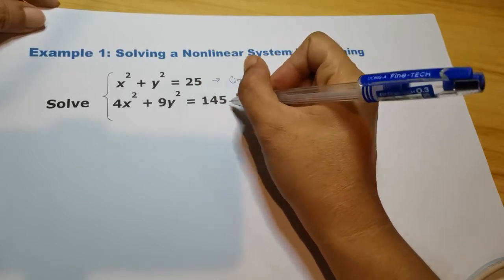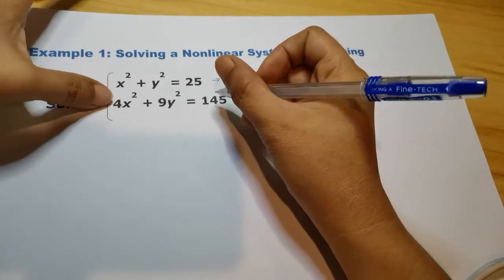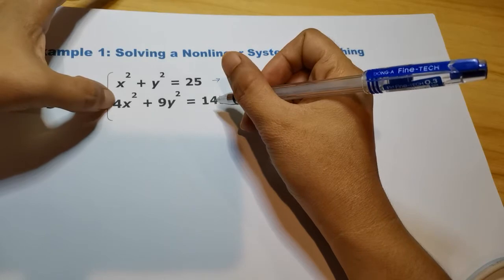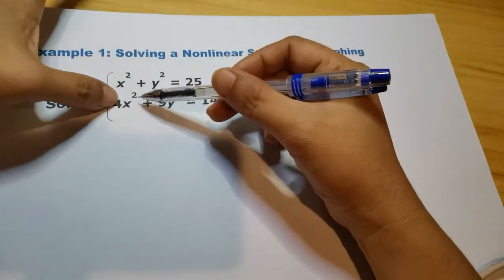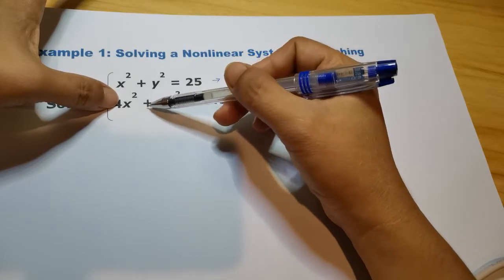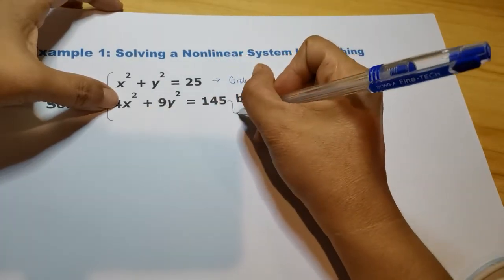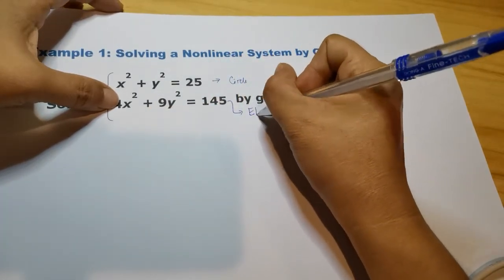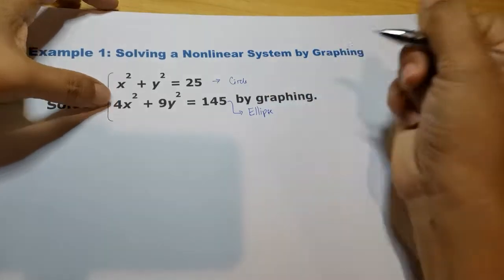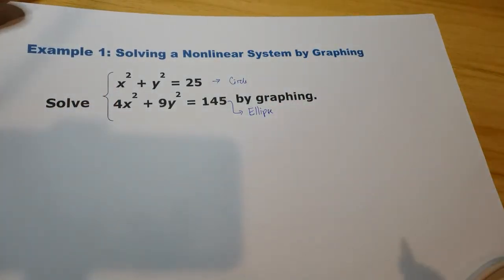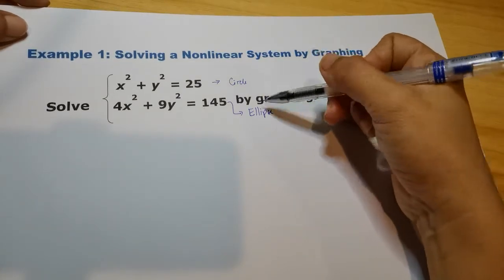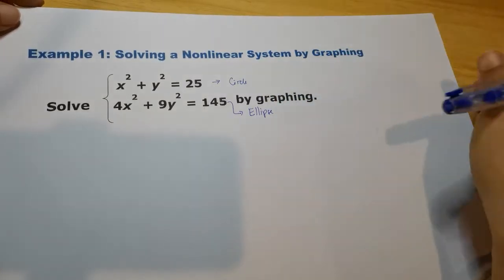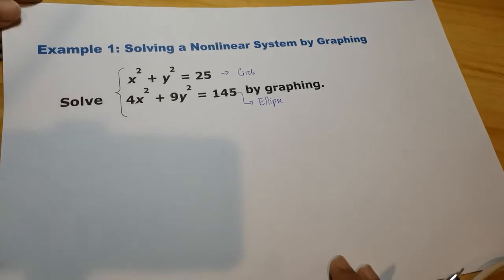Although this is not equal to 1, we have coefficients of x squared and y squared, and it is a plus. So yes, it represents an ellipse. Now we are going to graph both conic sections and look at their intersections as their solutions.